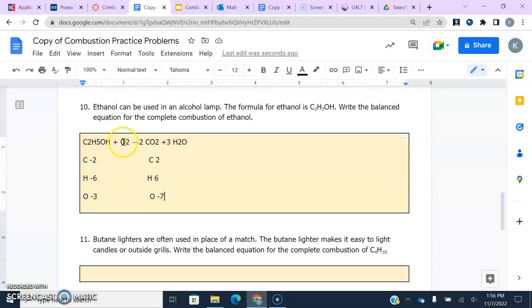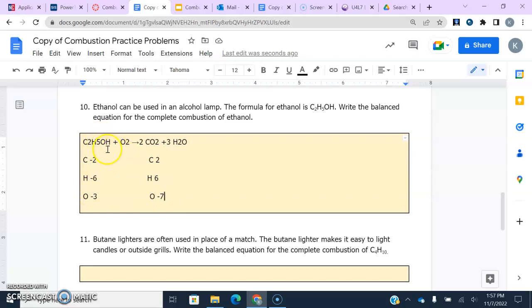Okay, so anytime we're balancing on this side, we can have an even number plus 1 to give us what we want. So what I mean by that is we want 7 oxygen on this side, and this makes it a little more complicated because we have this guy here.